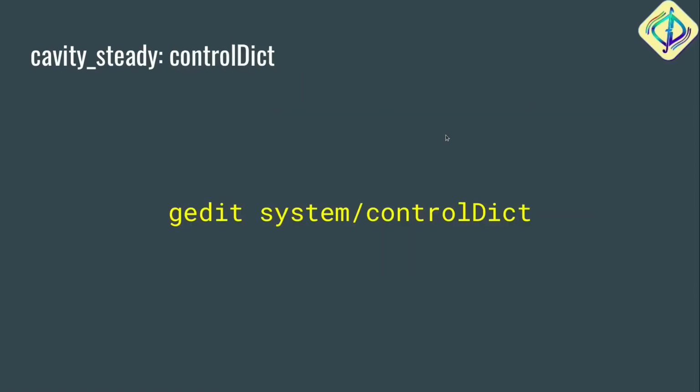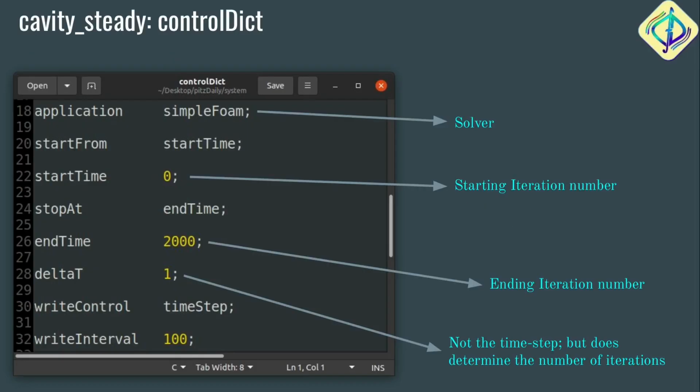Now the second and third thing is the controlDict file. If you open the controlDict file, you will see these different lines similar to the cavity case. Here first is application, which is the solver name, simpleFoam. Then the second thing is startTime.